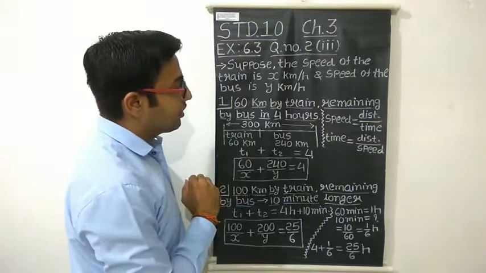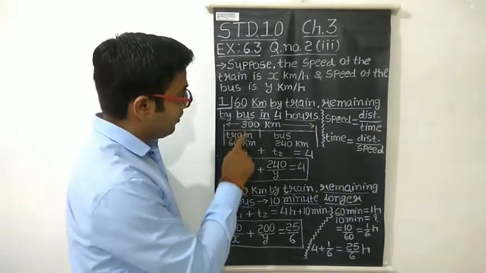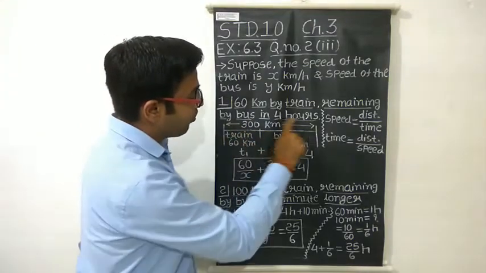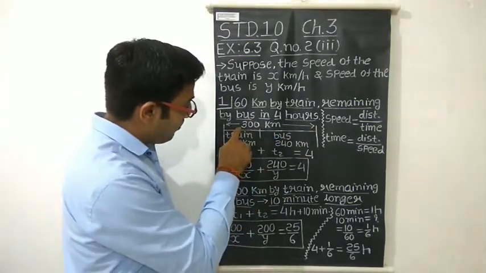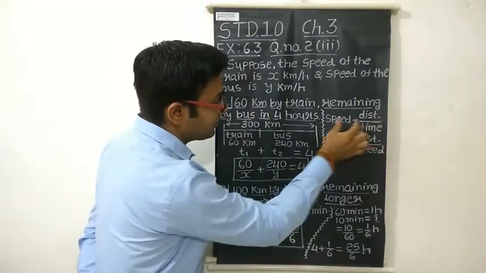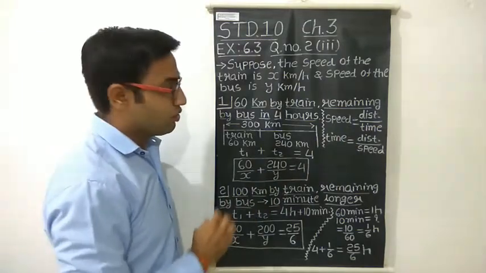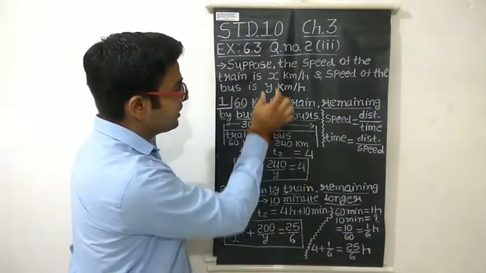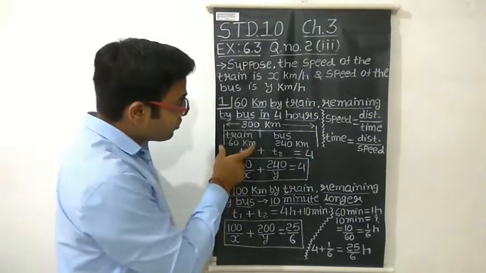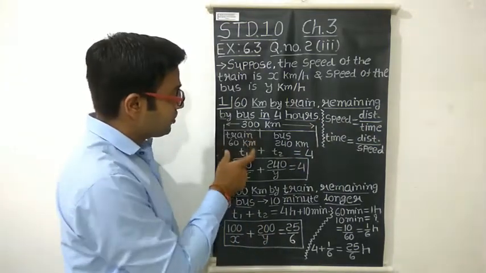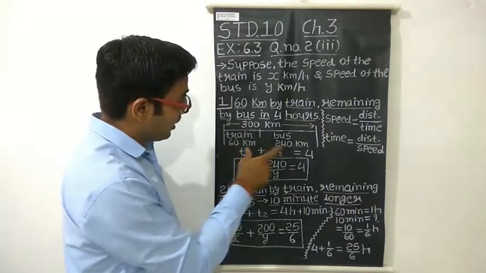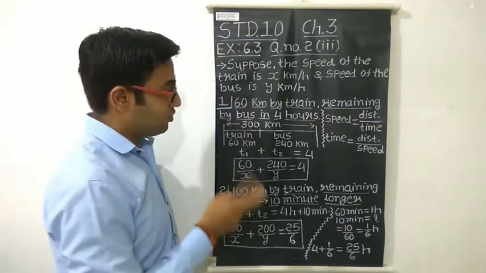So we can make the formula by taking one of the quantities, either distance or time. But if we make the formula from the distance, distance is speed multiplied by time. The speed is x, and here we need the time. But the time is not given, that is, in how much time it will take if we travel by the bus or by the train. So there is no time.